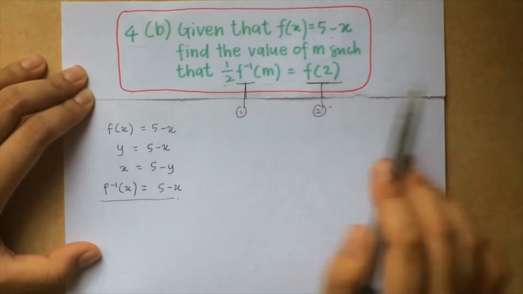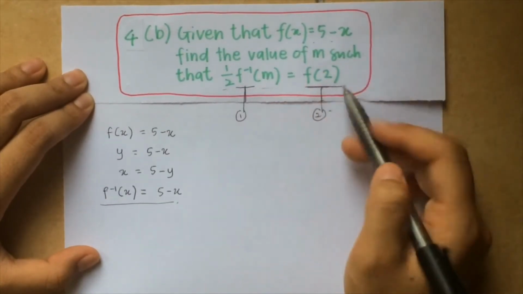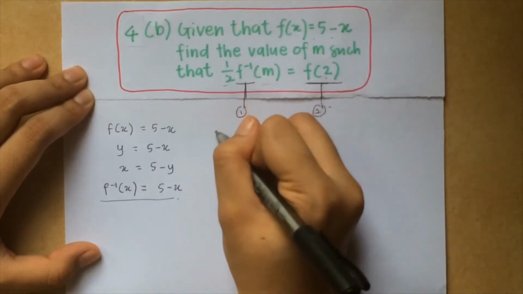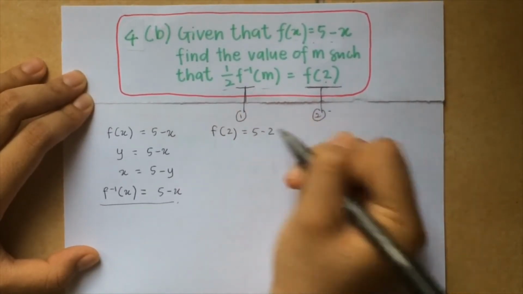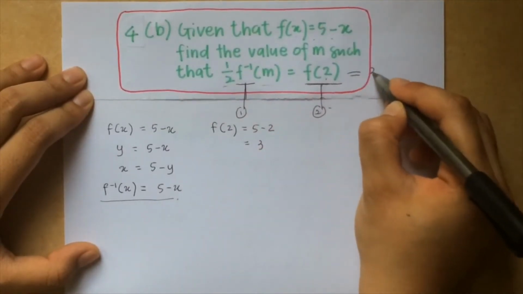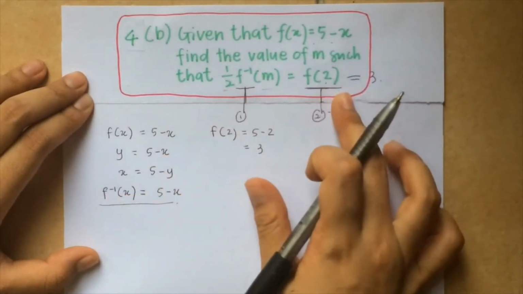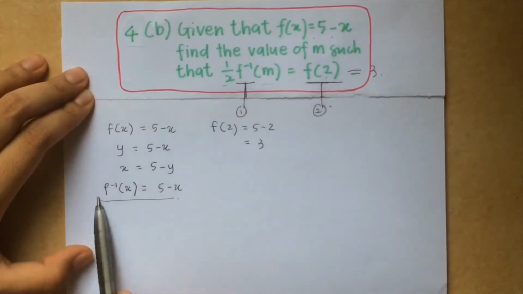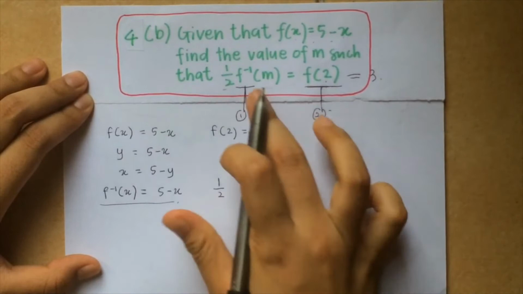And then we need to search for the product of this f(2). So we just need to substitute 2 into x. So f(2) equals 5 minus 2 equals 3. So the product of this will become 3. And then we just need to rewrite this back by substituting everything that we have searched before. So it will become f(m) equals f inverse of 2.